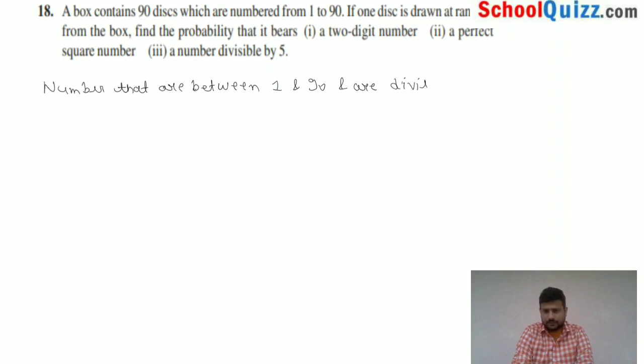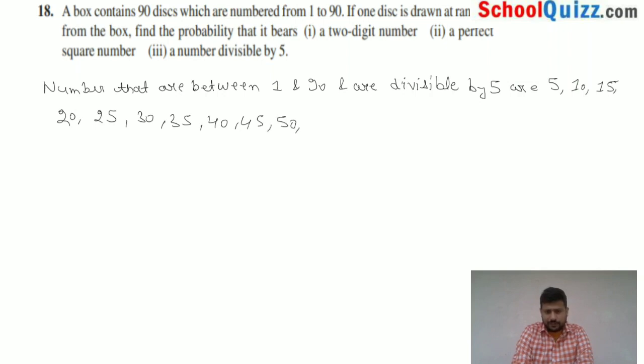divisible by 5 are 5, 10, 15, 20, 25, 30, 35, 40, 45, 50, 55, 60, 65, 70, 75, 80, 85, and the last one is 90.